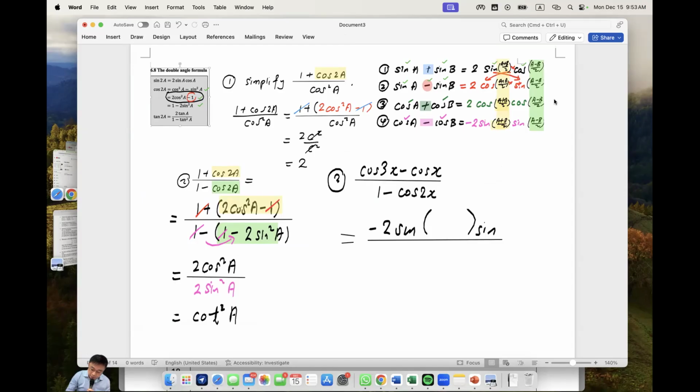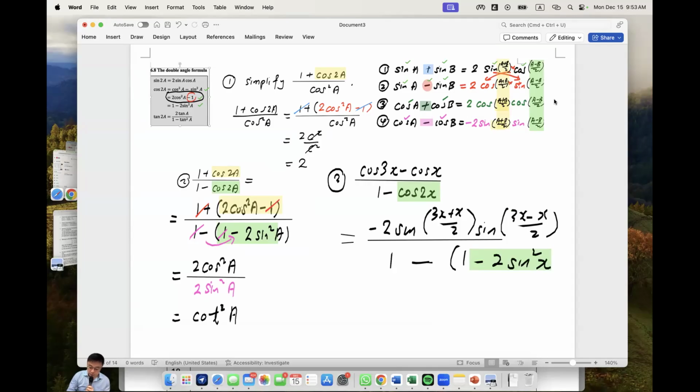Then we have 3x plus x divided by 2, 3x minus x divided by 2 as well. Okay, and the bottom one, which one should we use, plus? Yeah, because if I use this one, I can eliminate the 1.